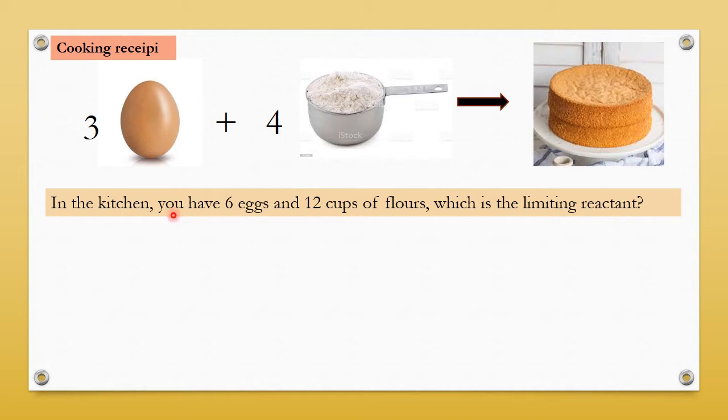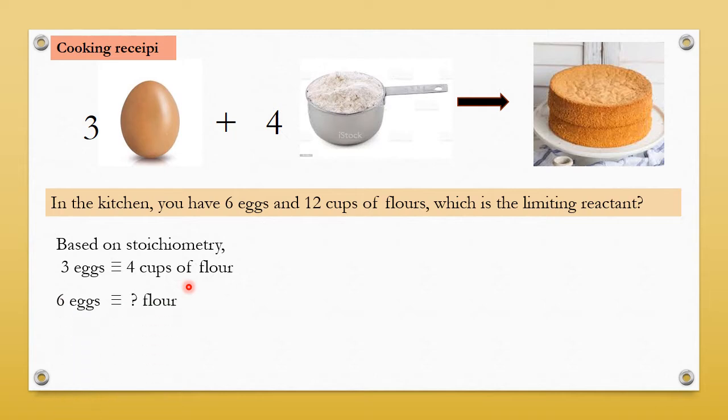So if in the kitchen you have 6 eggs and 12 cups of flour, which is the limiting reactant? We can use a stoichiometry relation to find the limiting reactant. Based on the cooking recipe, 3 eggs will need 4 cups of flour. In the kitchen, I have 6 eggs.